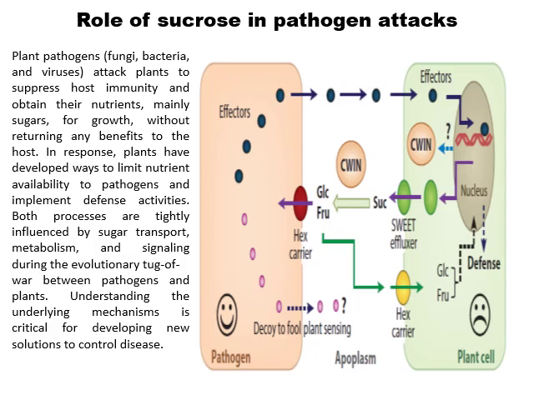In response, many plants have developed ways by which they limit the availability of these nutrients to the pathogens. This is a counterattack from the plant side, a defense mechanism which it employs to control the growth of pathogens. This is one of the ways where they limit the supply of nutrients, and even sucrose.